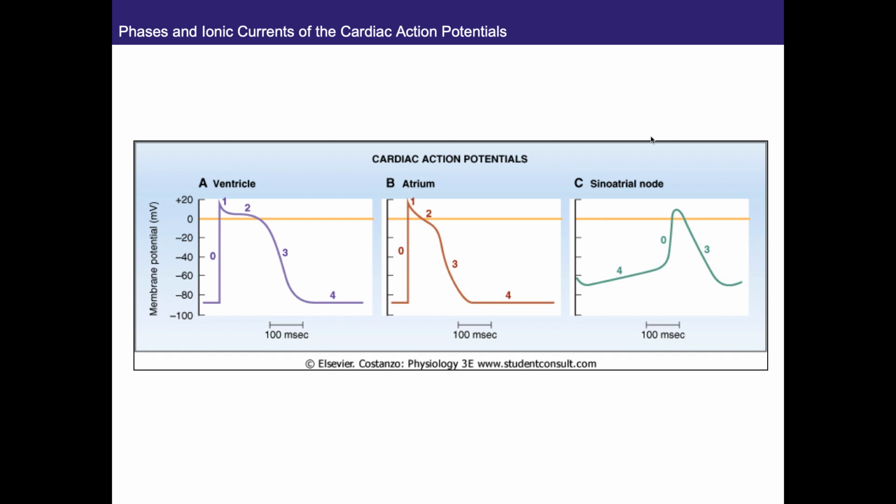Phase 0 is not the same as phase 0 in the ventricles. Phase 0 is due to a voltage-gated calcium channel, so don't get those two mixed up. And then 3, of course, is potassium channels as well. So in the SA node, 4 is the HCN funny channels, 0 is voltage-gated calcium, and 3 is voltage-gated potassium.